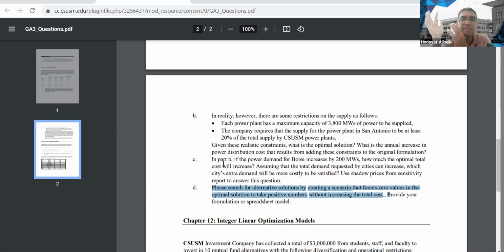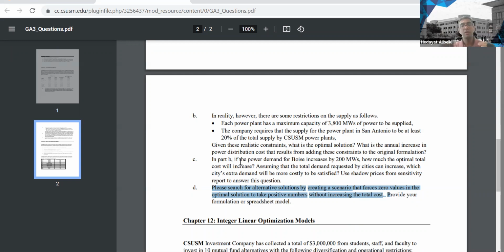You maximize the sum of zeros, and then you add another constraint. The constraint is that you want the cost not to get any worse, so you say the cost function equals the optimal value that you found in part B.